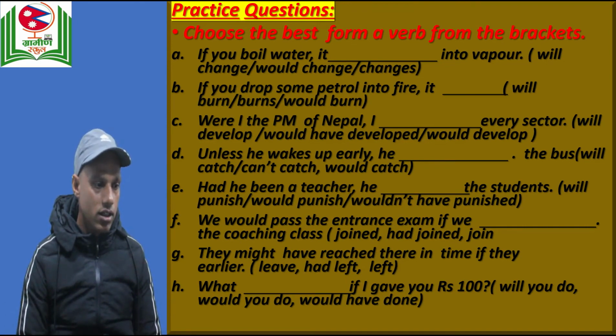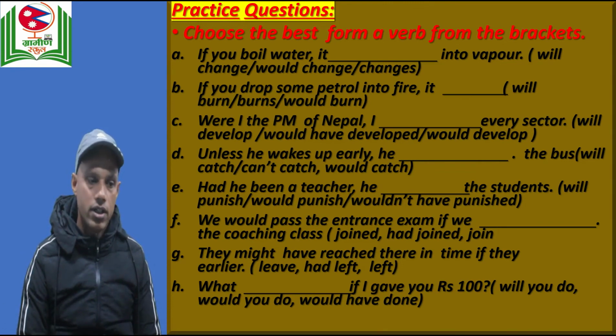Now the next question we have: they might have reached there in time if they ... earlier. The options are leave, had left, or left. Can you guess the right option? Yes, you're right, had left.